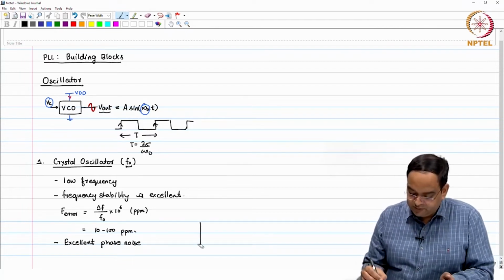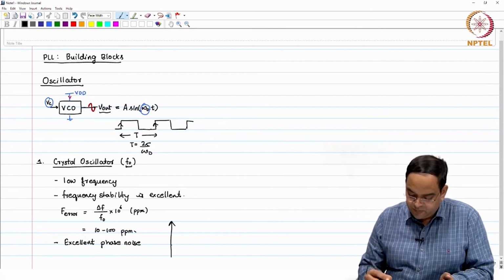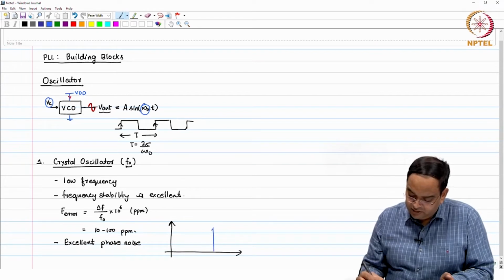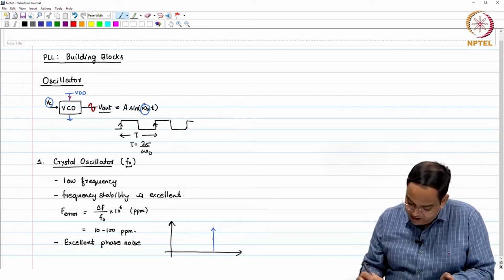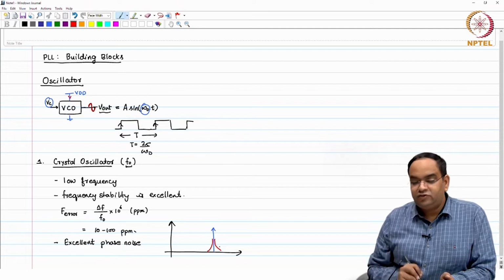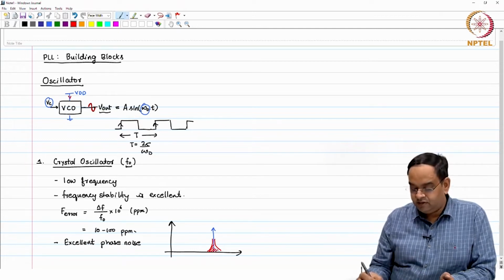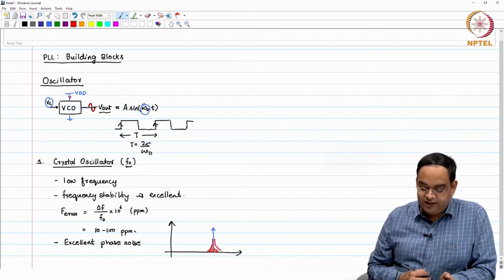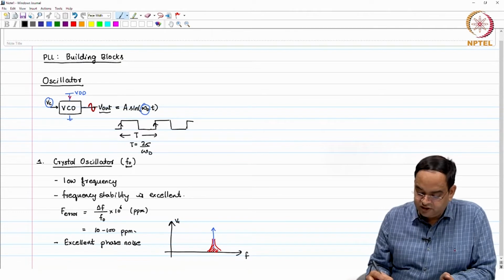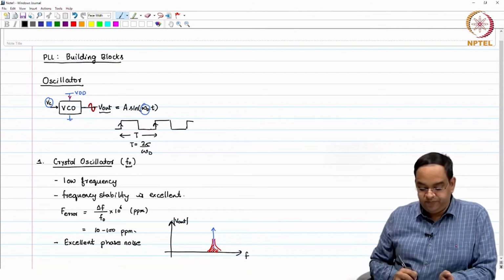If you look at the spectrum of the crystal oscillator, you may get a tone, and the perturbations near the output frequency are going to be quite low. Whereas in other oscillators you may get a lot of phase noise. So, this is your crystal oscillator output spectrum.